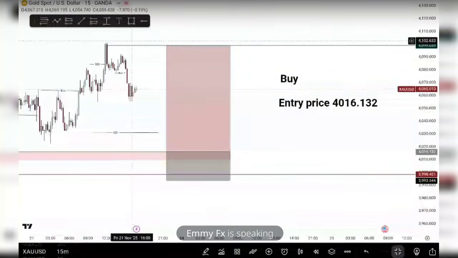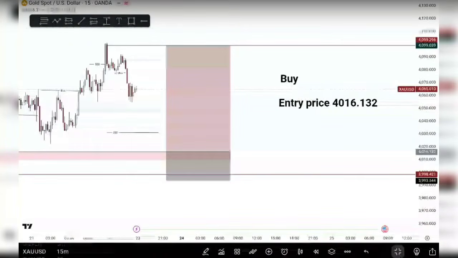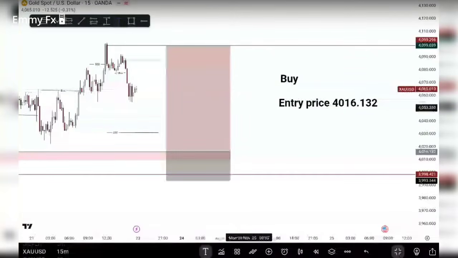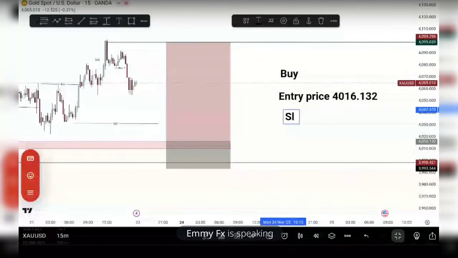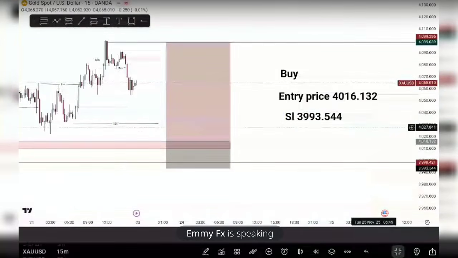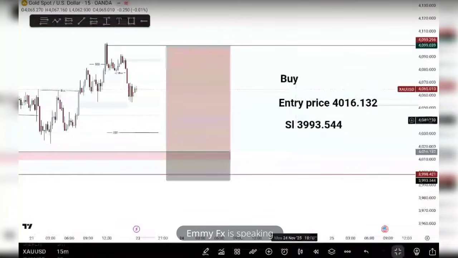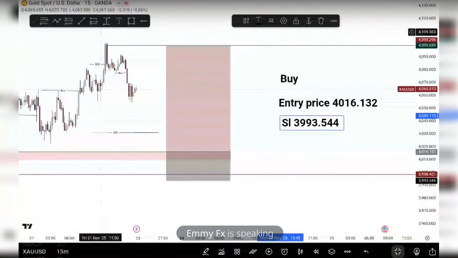Stop loss is going to be 3993.544. Now, this stop loss is 22 point something pips away, so try to reduce your loss size.